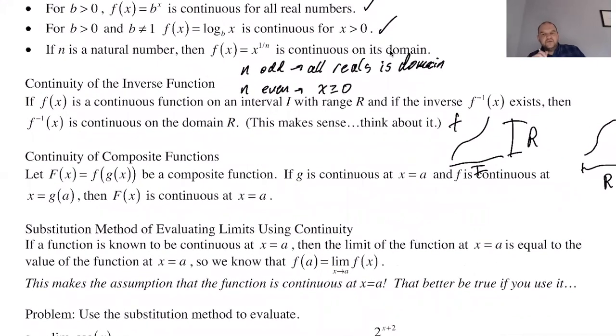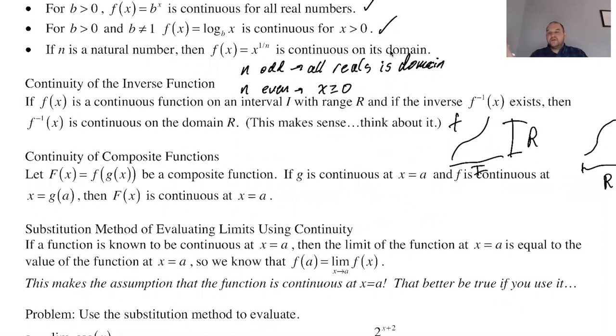Continuity of composite functions. This is one where it's easiest to just try it and see what happens. But if capital F, this is a thing in math, capital F and lowercase f will appear in the same problem over and over again going forward. Capital F equals lowercase f of g of x is a composition of functions. If g of x is continuous at x equals a, which just means that the limit equals the value of the function, and f is continuous at g of a, because that's what we're going to sub in, right?